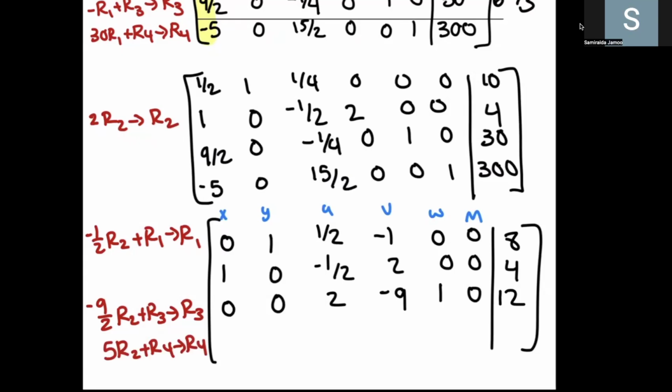Positive 5 times row 2 plus row 4 in row 4. So we have 0 here, 0 here, negative 5 over 2, plus 15 over 2 gives me 10 over 2, which is 5. 10, 0, 1, and 20 plus 300, 320.